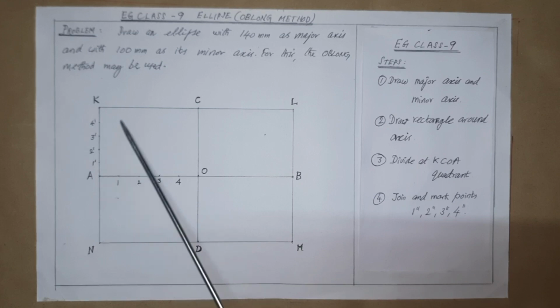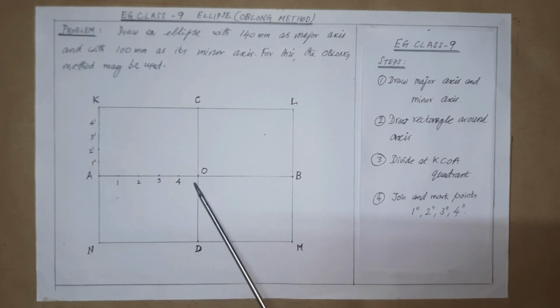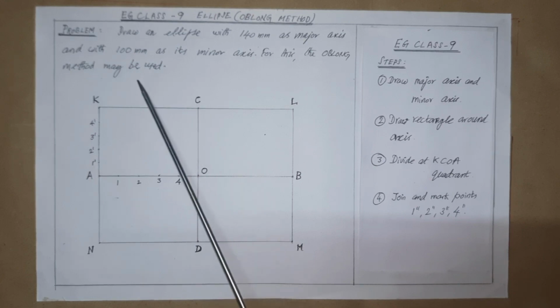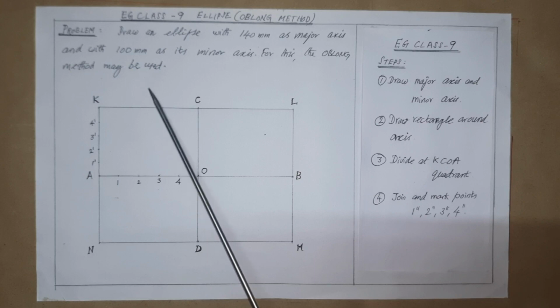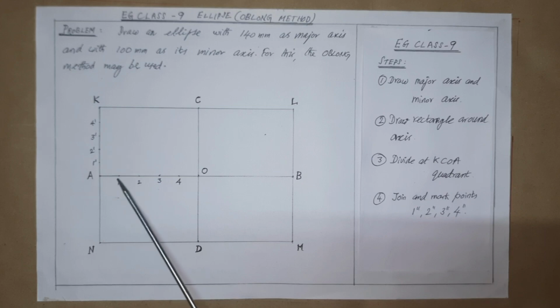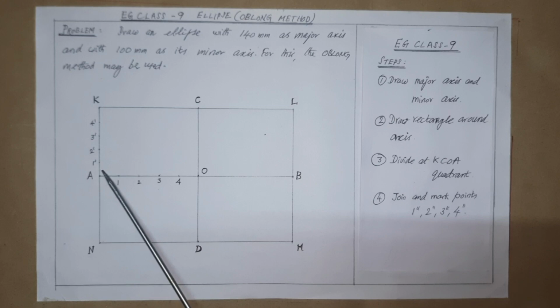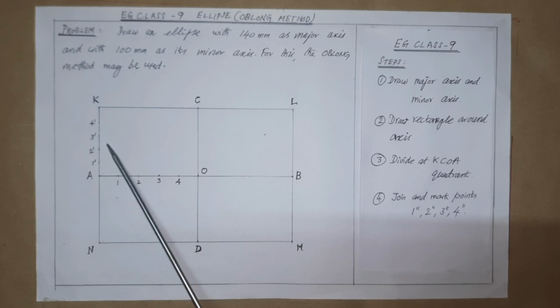Likewise, for AK it is equal to CD divided by 2. CD is given as 100 millimeter, divided by 2, that is equal to 50 millimeter, divided by 5. In that case, it is equal to 10 millimeter each. So take this value in the divider to use for dividing AK with the spacing of 10 millimeter each.